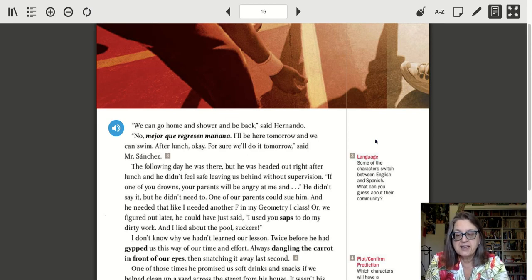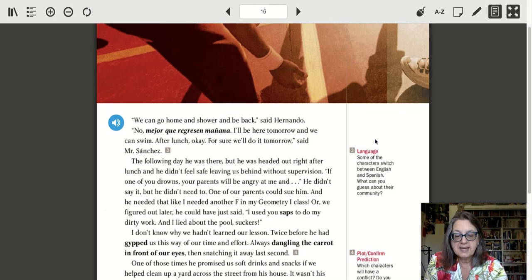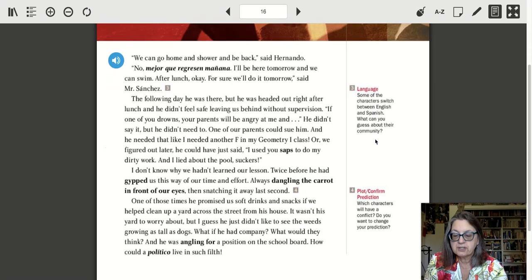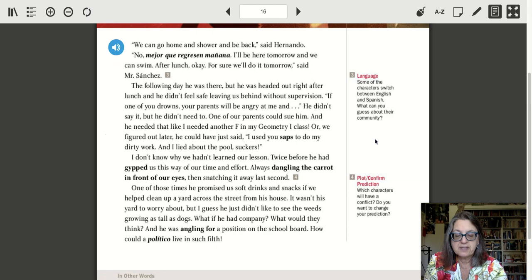The following day he was there, but he headed out right after lunch, and he didn't feel safe leaving us behind without supervision. If one of you drowns, your parents will be angry at me, and he didn't say it, but he didn't need to. One of our parents could sue him, and he needed that like I needed another F in my Geometry 1 class.